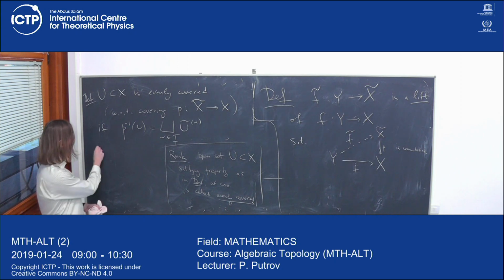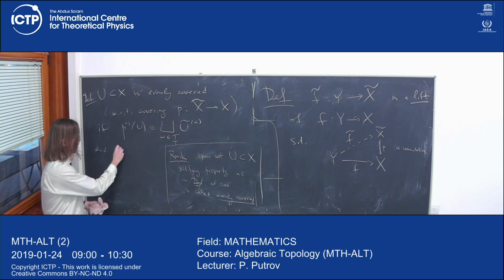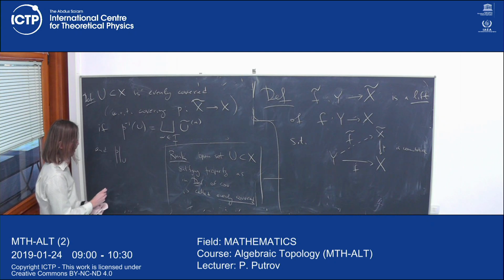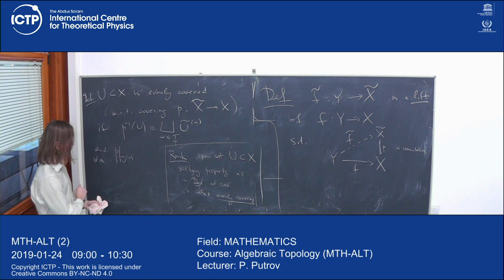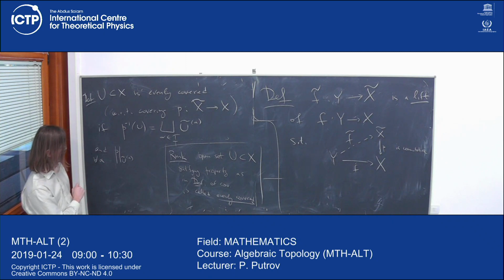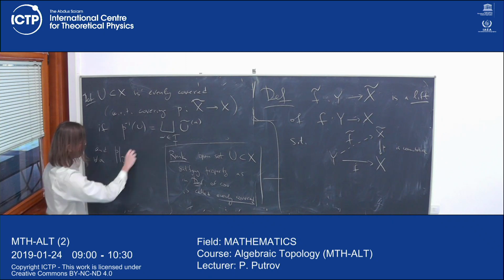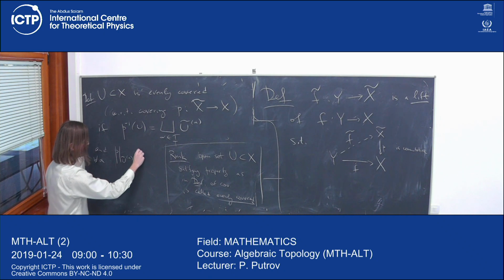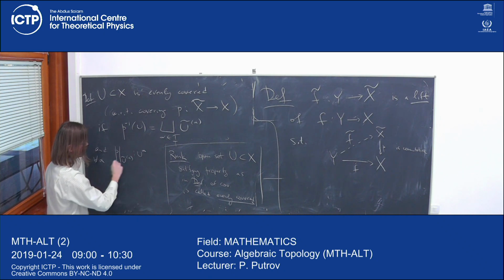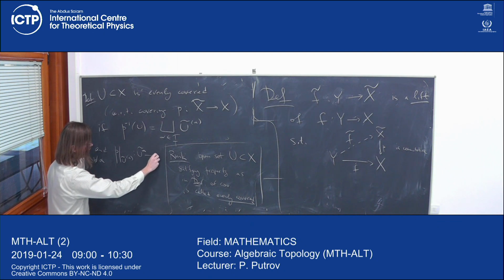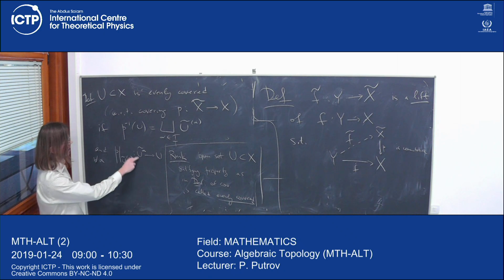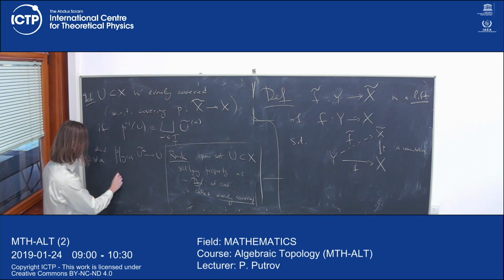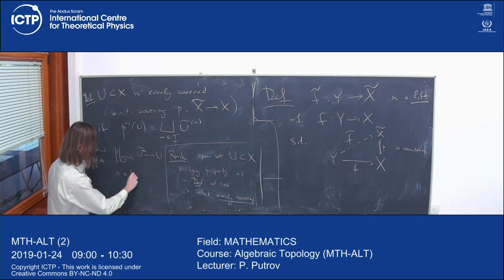And p restricted to any U tilde alpha, for any alpha, is a map onto U, because U is the image, and it is a homeomorphism.